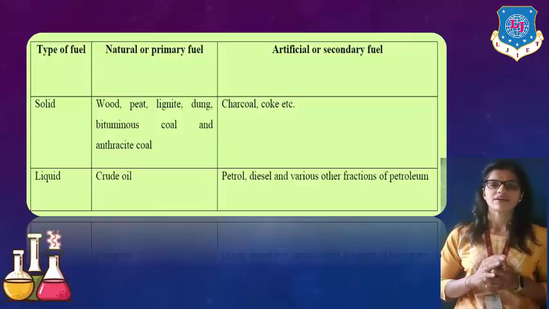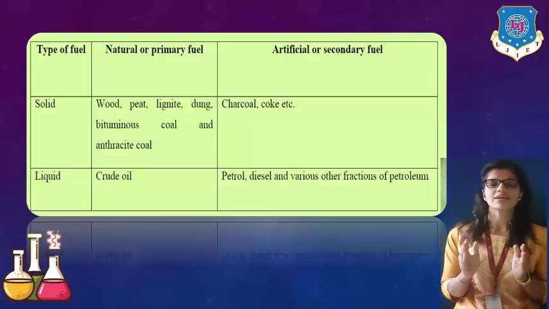Then another one, we have artificial or secondary fuel. It involves charcoal and coke. Fine? Now, let's move ahead to the liquid one. When we talk about the liquid one, in natural, we can take the example of crude oil.